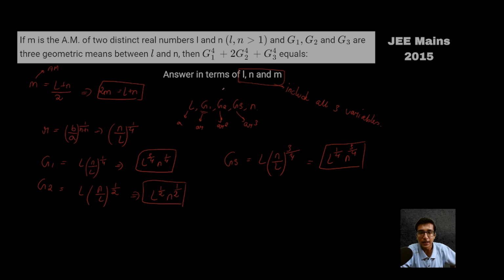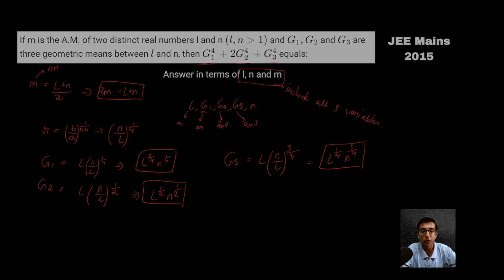Now since the answer they are expecting is based on G1 to the power 4, G2 to the power 4 and G3 to the power 4, let us first find out what these would be. And then we will look at how we can replace L and N with M as well, so that we get the answer in terms of all three variables.